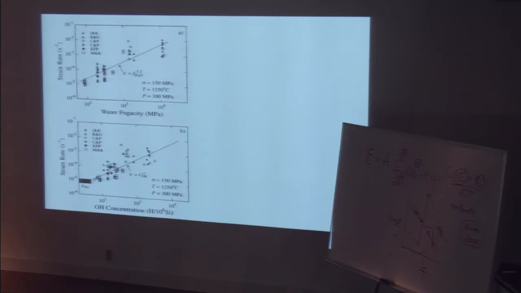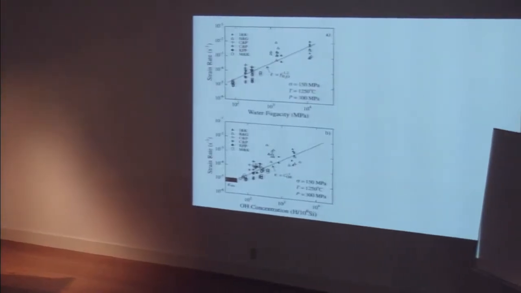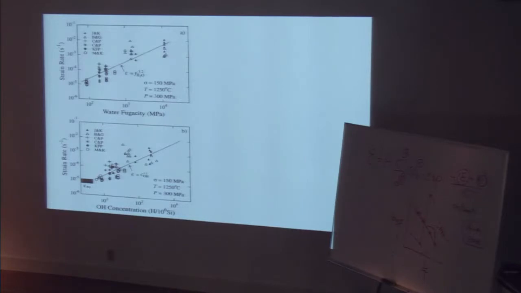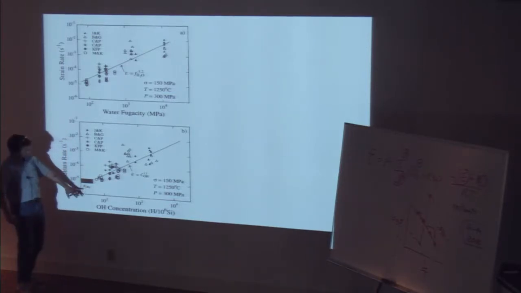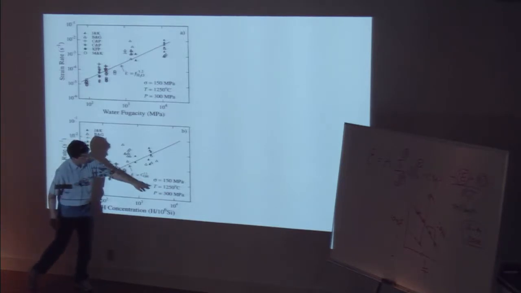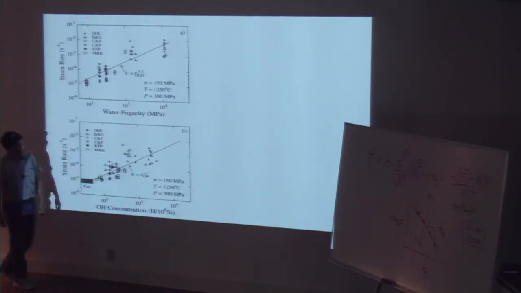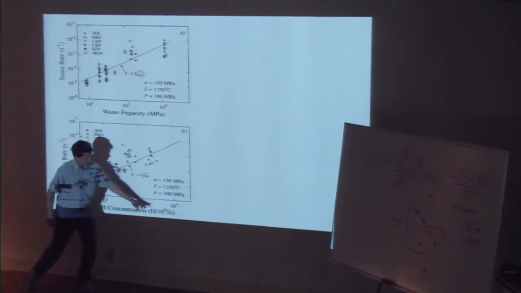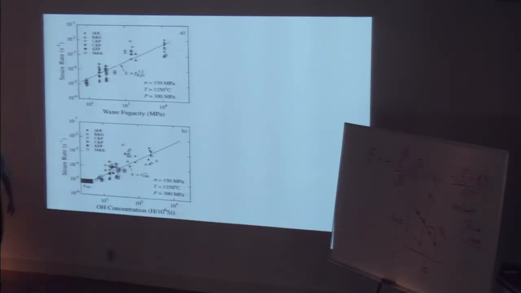It'd be a pain in the neck. It's like what Raj was saying. He hates oxygen fugacity. Well, I hate water fugacity. But I don't mind water content, because what you're really seeing is that the rheology is changing. This is at a constant temperature, stress, and normalized pressure, how the strain rate varies as a function of the water content in the crystals.